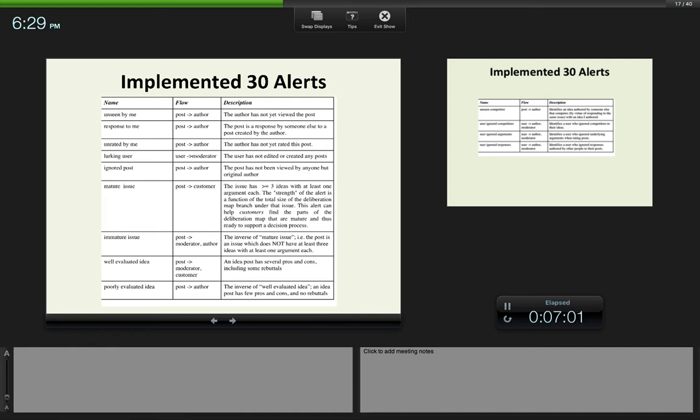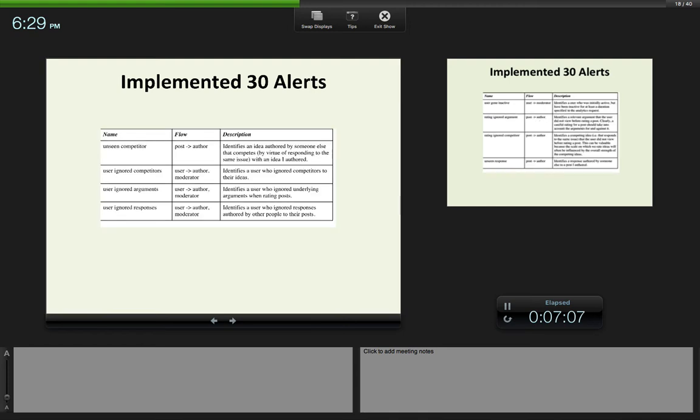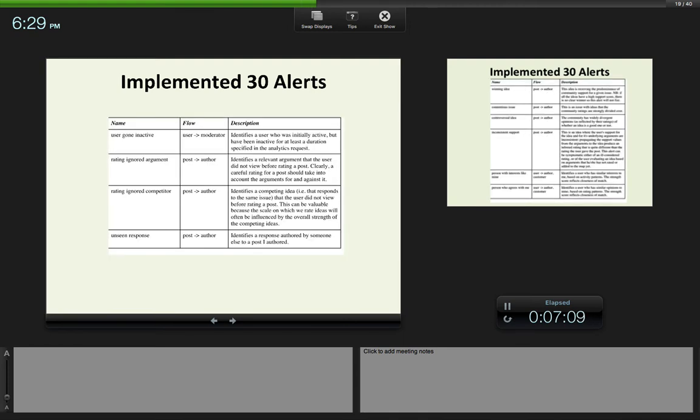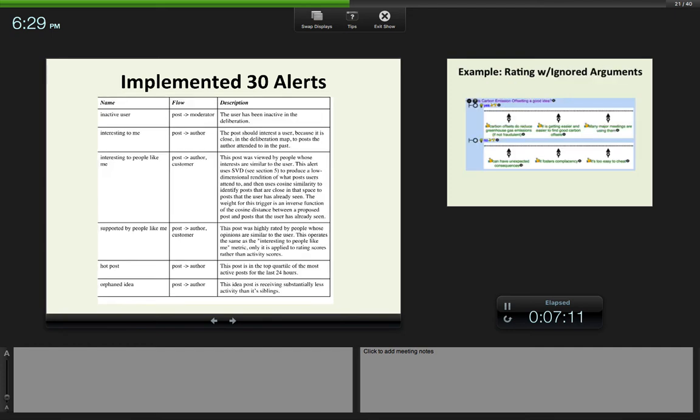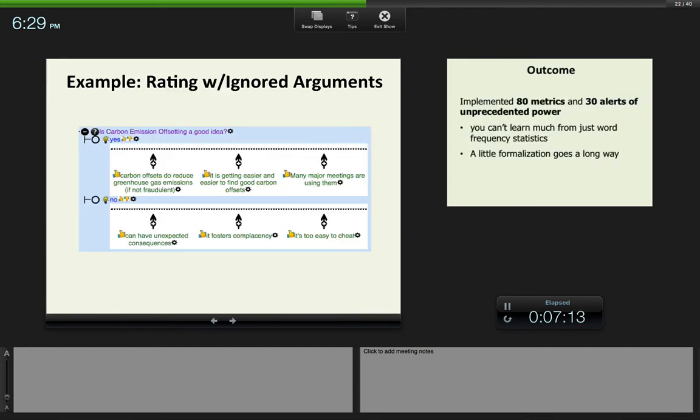In addition to the 80 metrics, we also implemented 30 alerts, which are described in more detail in the project documentation. One example of an alert is informing authors about whether they have rated a post without looking at the underlying arguments.